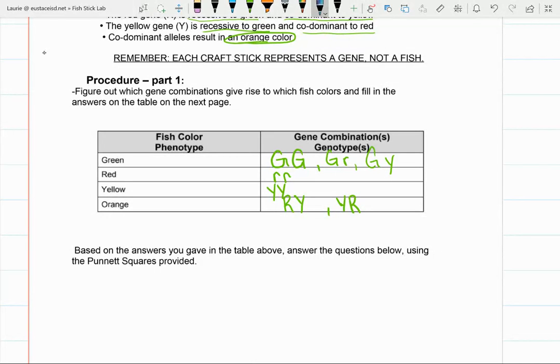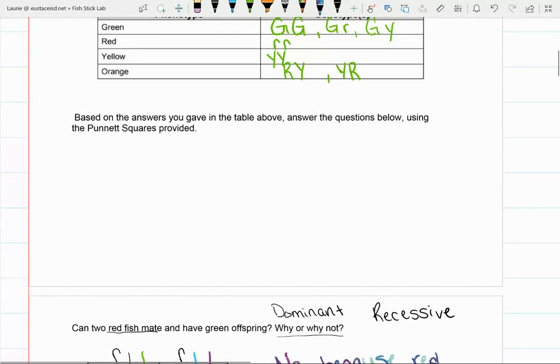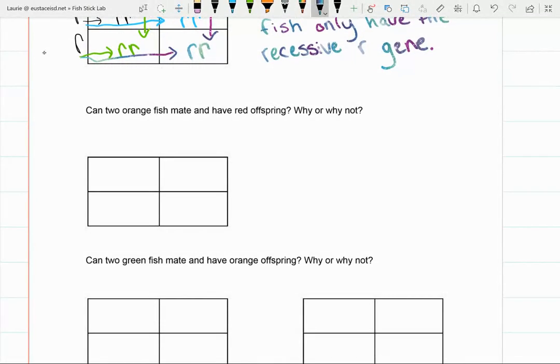For example, orange could either be R Y or Y R. So you can set it up like this, R Y, Y R, and then I want you to solve it on your own and then answer, can they have a red fish as offspring? Remember that each box is an example of the offspring.